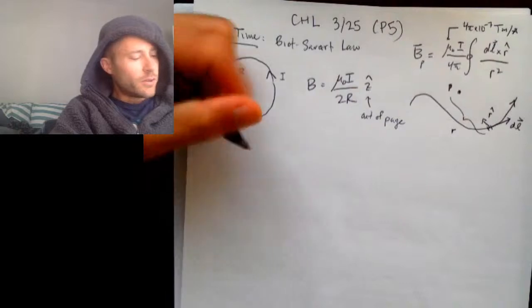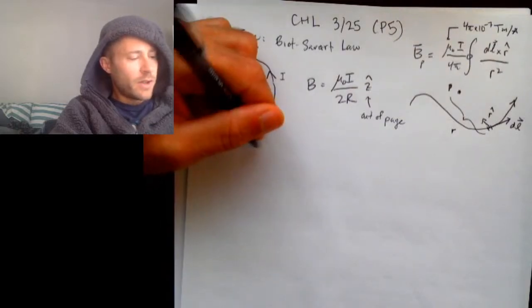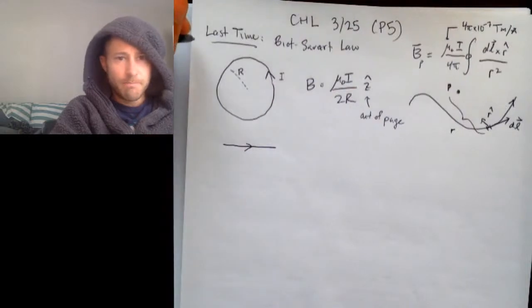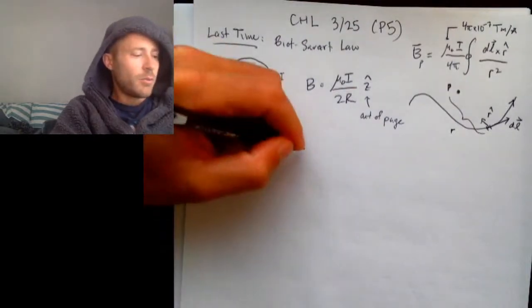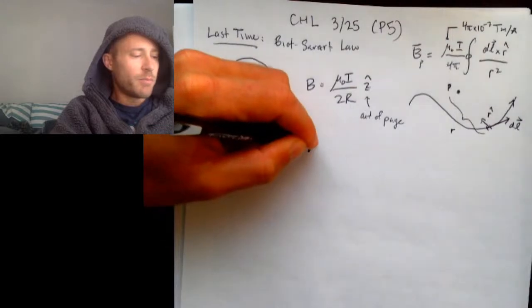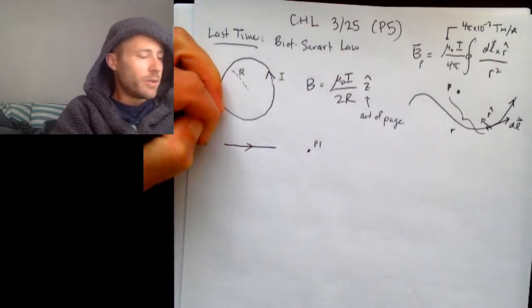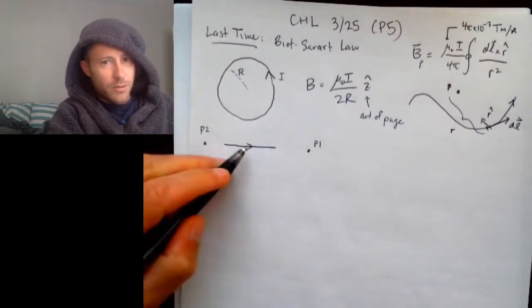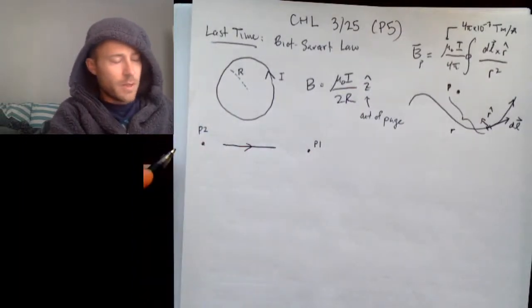We also learned that if you have a length of wire that's going straight, and we want to know the magnetic field at point P1 or P2, P1 is directly in front of the wire, P2 is directly behind the wire.